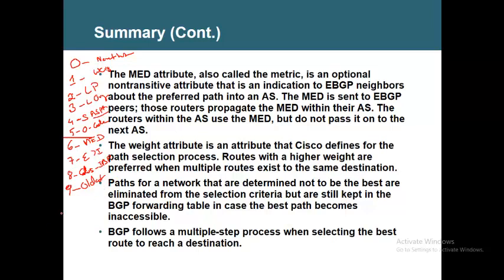And then if there is a tie in this, the one with the lowest router ID; this itself will break the tie. If for some reason two neighbors have the same router ID, a very rare chance, then it is going to pick the one whose IP address is lower. The neighbor's IP address is lower. That's it.